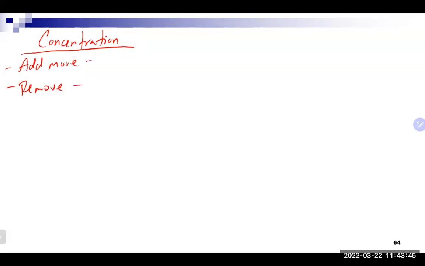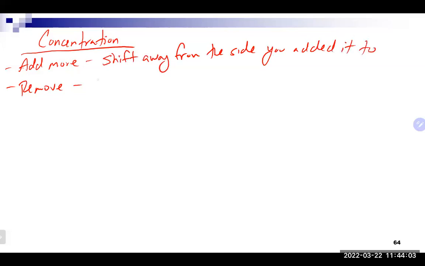When we add more to a system that's at equilibrium, what will happen is the equilibrium will shift away from the side you added it to. When we remove concentration, it will actually shift towards the side you removed.